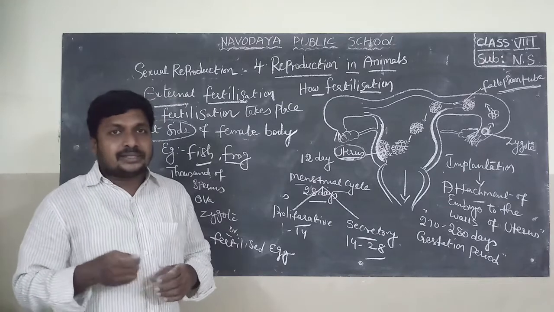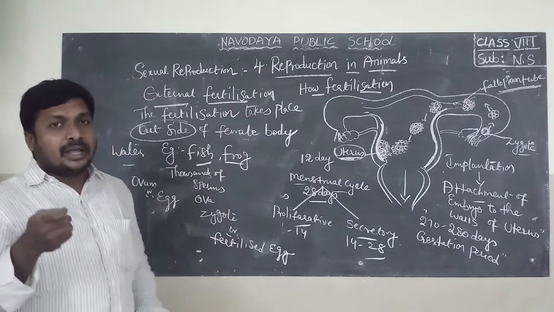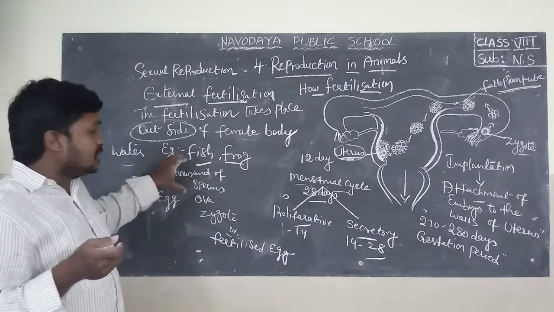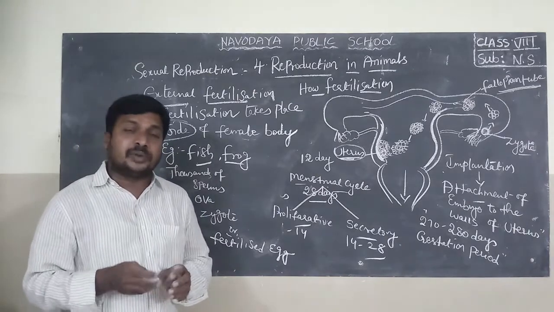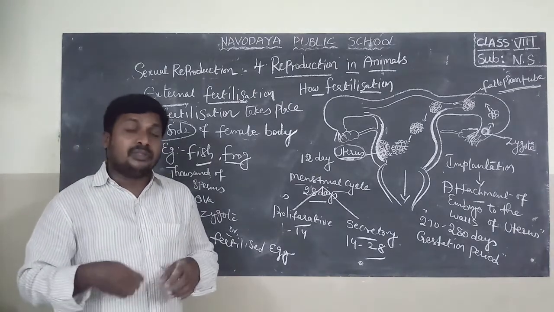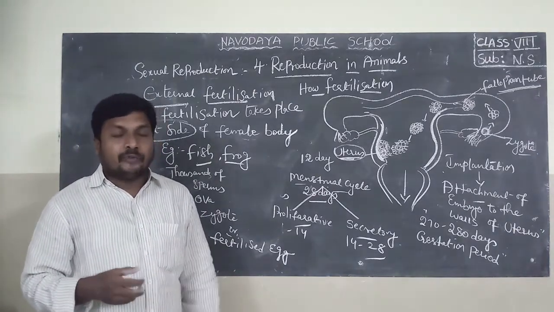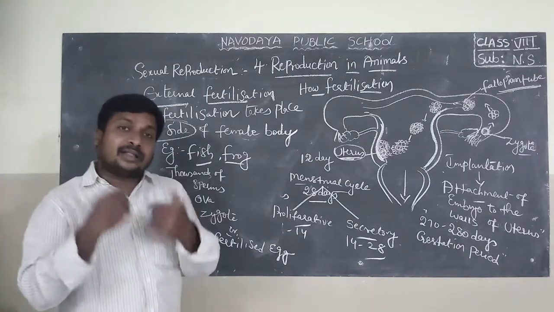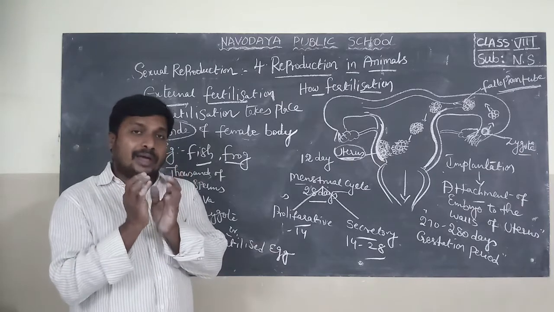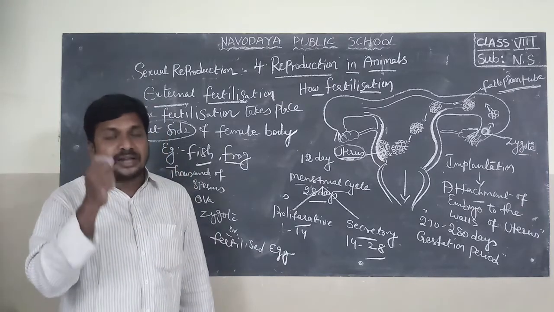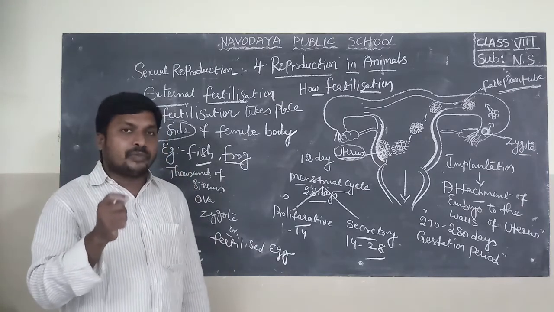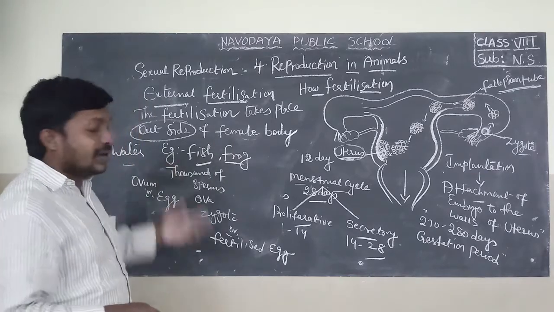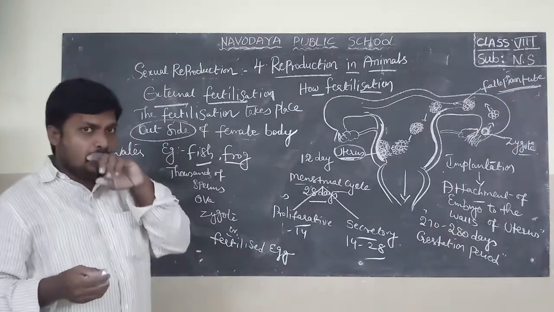So the chance of fertilization is only a little bit. That's why they release more eggs in water.